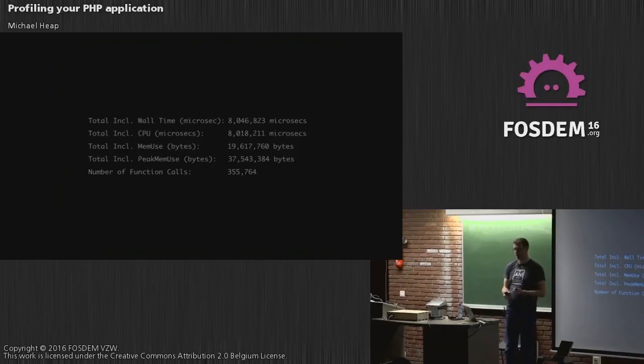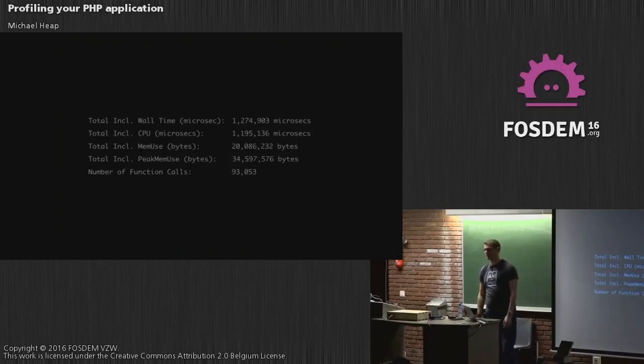Started at 8 by applying what? An array merge refactor, a scalar refactor, and one or two other things. I actually managed to get this down to 1.2 seconds. Not bad for a couple of hours' work.